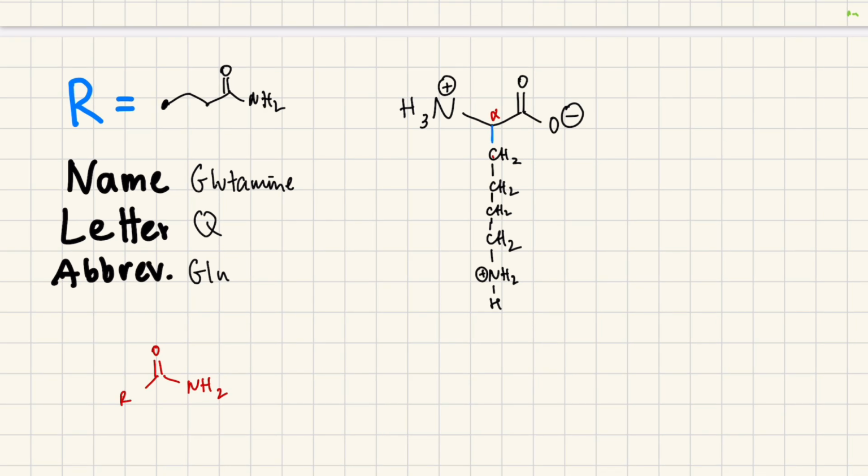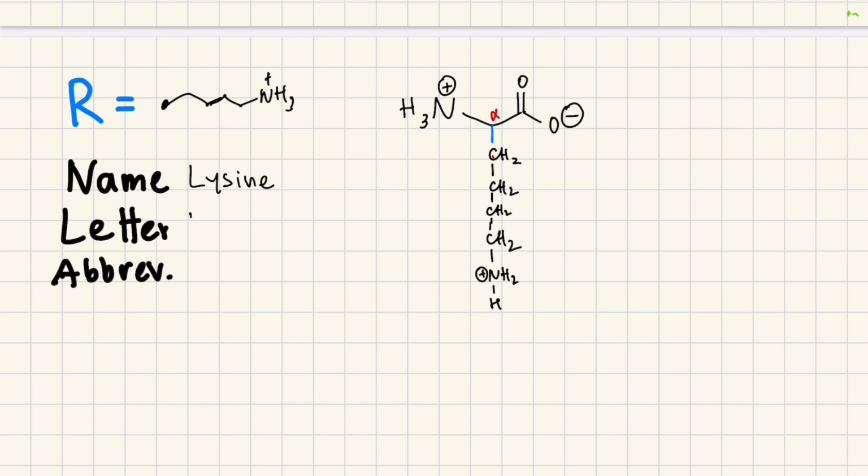And this is 1, 2, 3, 4, NH2. I'll do NH3 plus. And this chain, this amino acid functional group chain, is so long that we call this one lysine. So L for long, L for lysine.